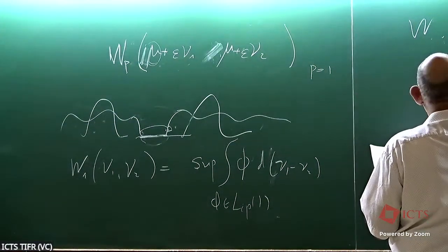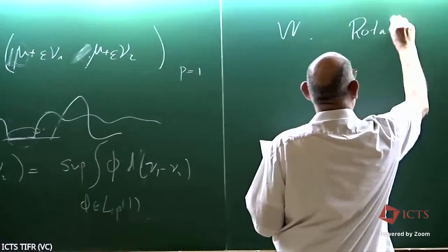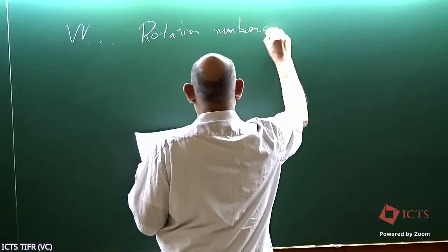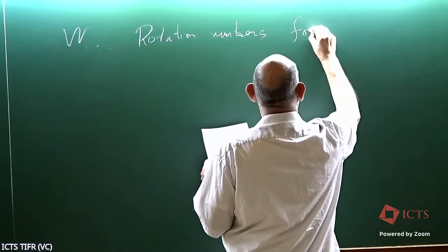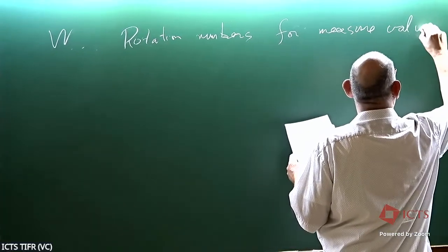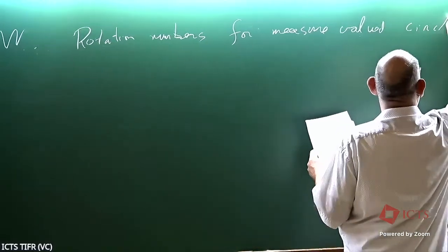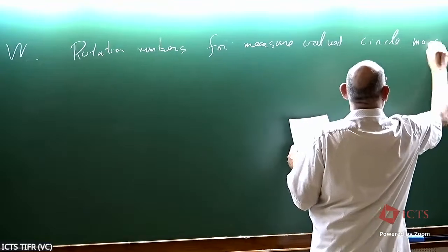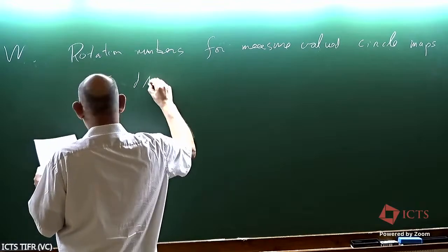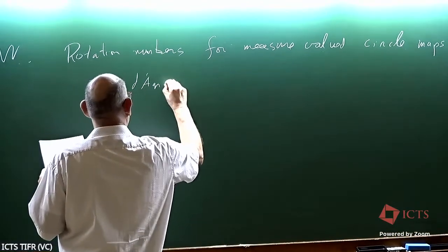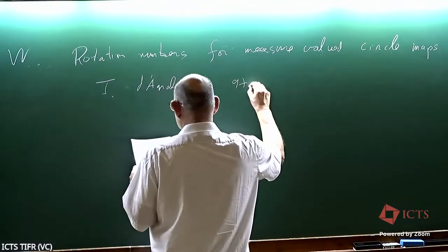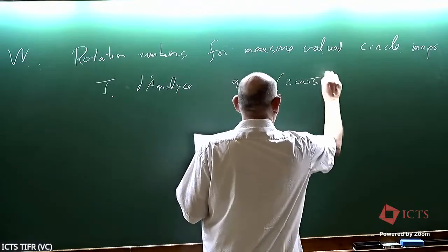It's called the rotation numbers for measure valued circle map, which was published in the Journal d'Analyse in 97, this was in 2005, an old paper.